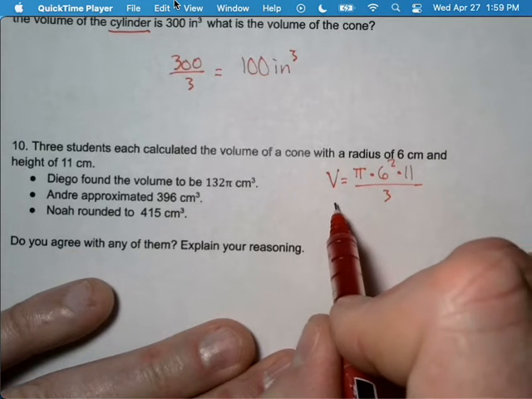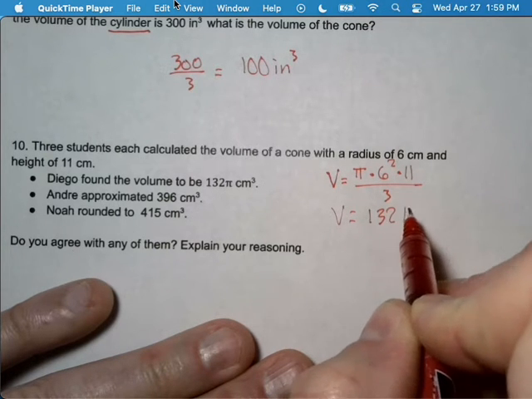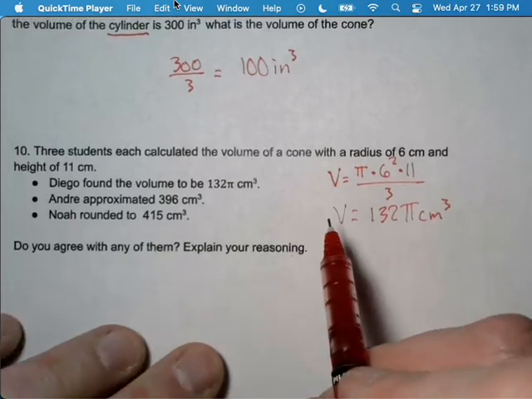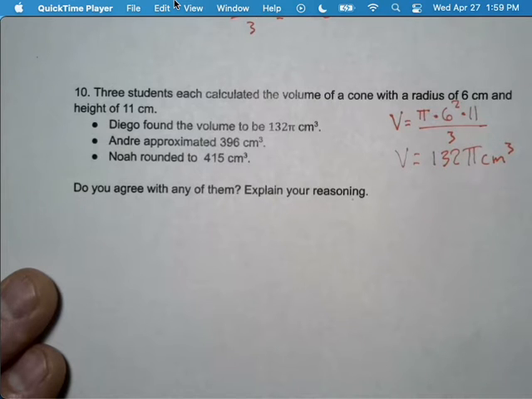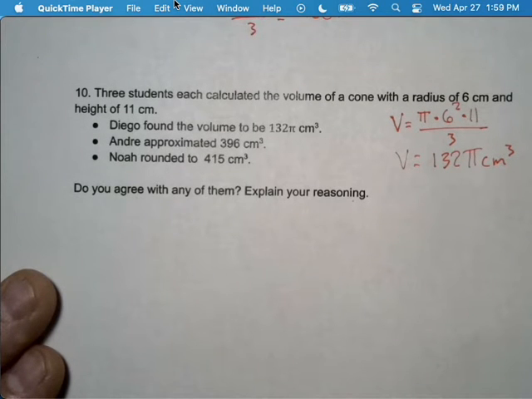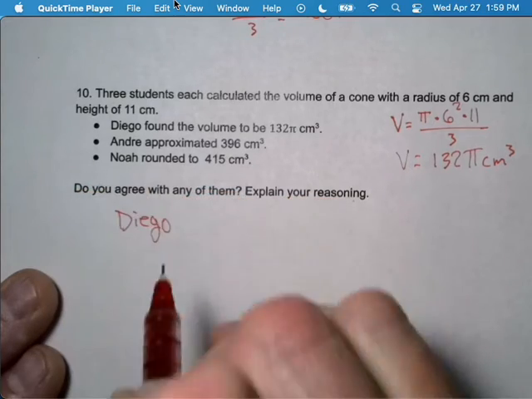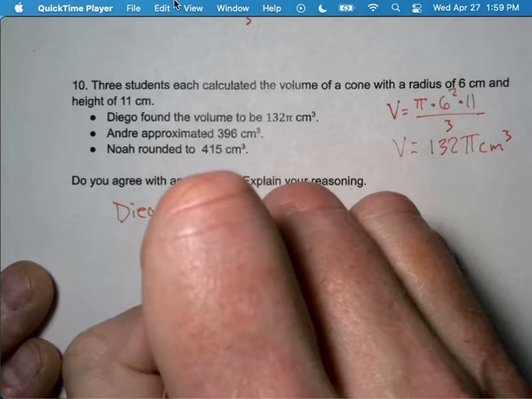I got 132 pi centimeters cubed. Okay, so we like Diego. But then if we want to figure out if Andre's or Noah's are right, we have to take 132 times pi. Okay, see, Diego is correct.